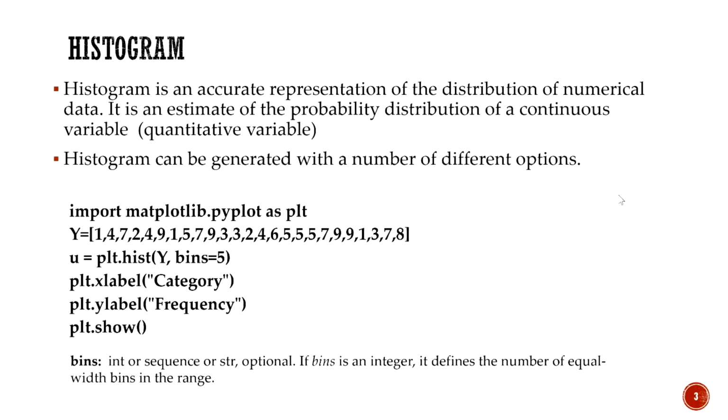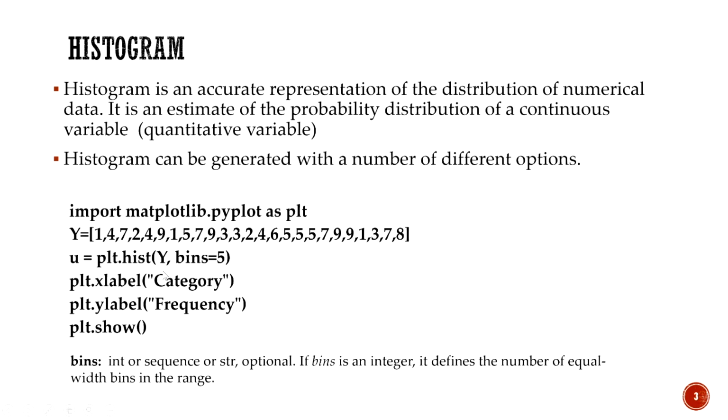Histograms can be generated with a number of different options in Python. So we have a list or an array because it's just for a single variable. We import the library. We define the data. In this example, y is our data set, which is a list. And then we call plt.hist, which is a histogram function.